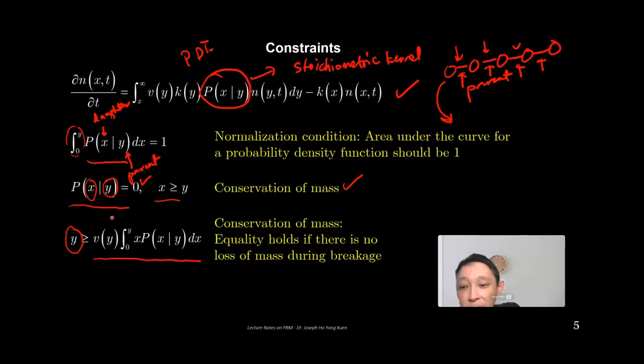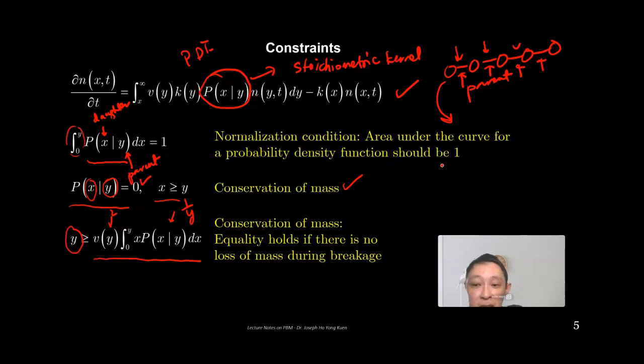Let's say we have binary breakage, so this term here is 2, and let's say we pick the probability density function of a simple random breakage. For random breakage, the probability density function can simply be given as 1 over y. So this is the random breakage probability density function.